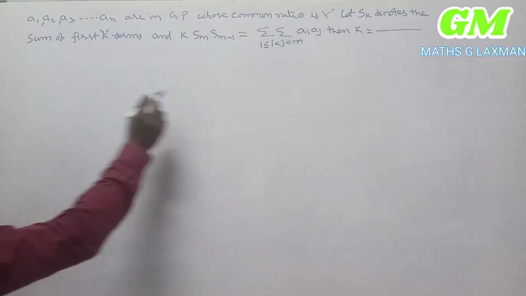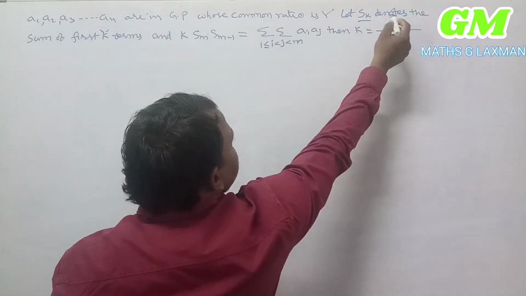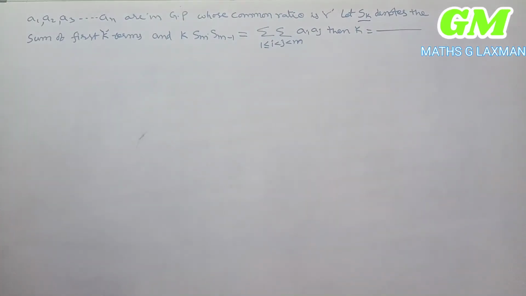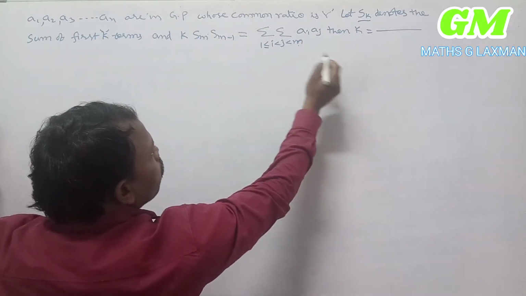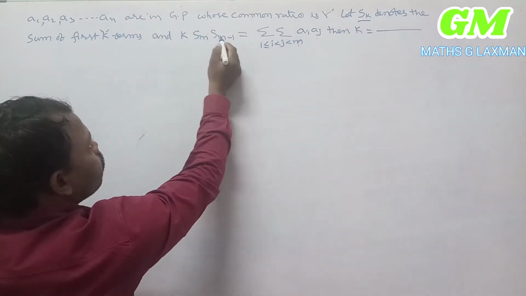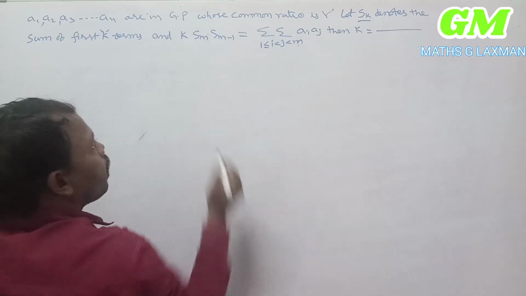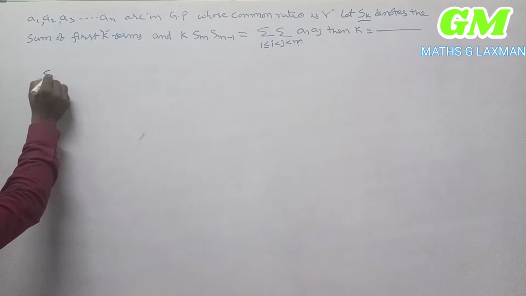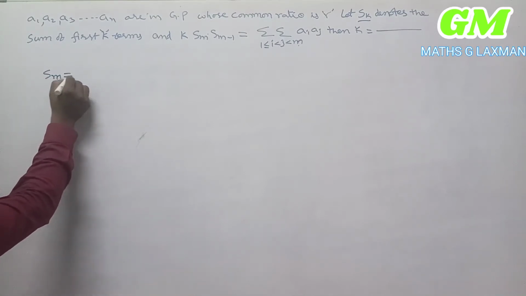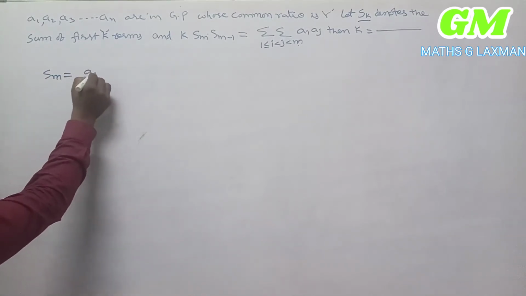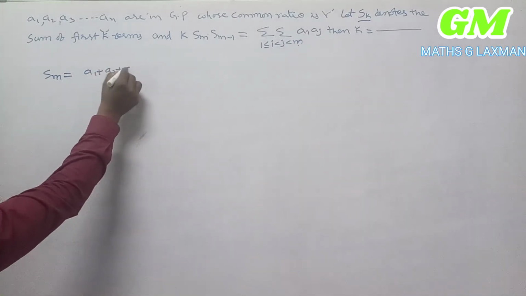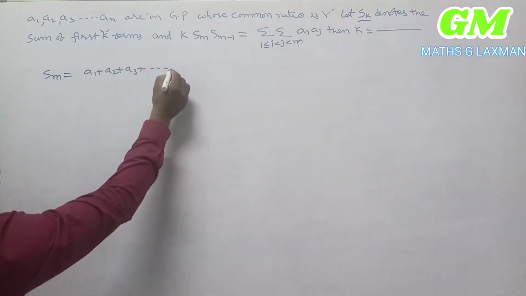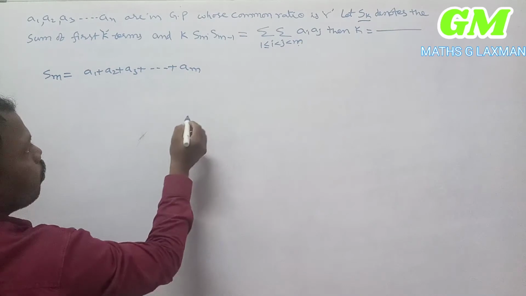So the condition is that Sk denotes the sum of first k terms, but here it is given m. Here is given the sum of first m terms and the sum of first m minus 1 terms. So let us take Sm. Sm is equal to A1 plus A2 plus A3 and so on plus Am.